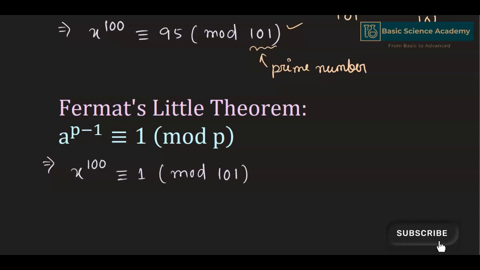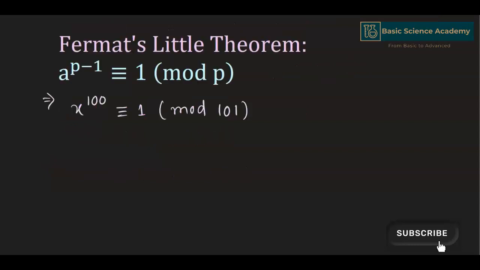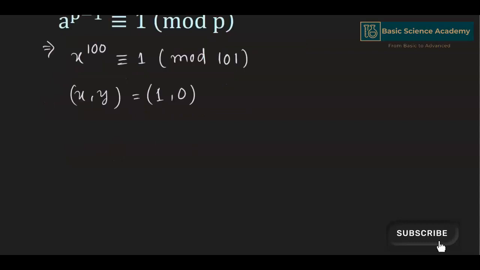But here we have x to the power of 100 is congruent to 95 mod 101. Hence, this equation doesn't satisfy Fermat's little theorem when y is greater than 0. Hence, this case doesn't give any integer solution, and we can neglect it. Hence, the only integer solution that we have is (x, y) equals (1, 0). This is the only answer.